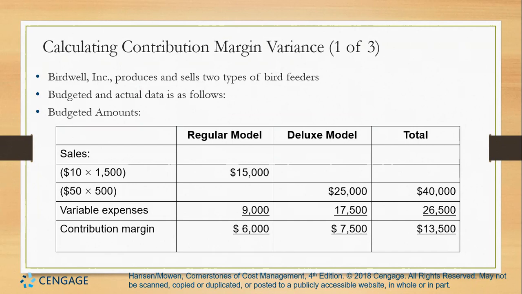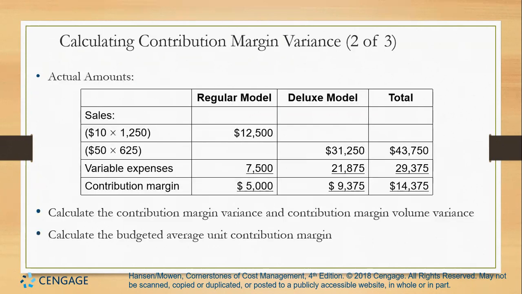Budgeted amounts we have for the regular and deluxe model. We have the sales, and now the variable expenses and the contribution margin. So we have the actual amounts for the regular model and for the deluxe model, then we have the contribution margin for both under the actual amounts.